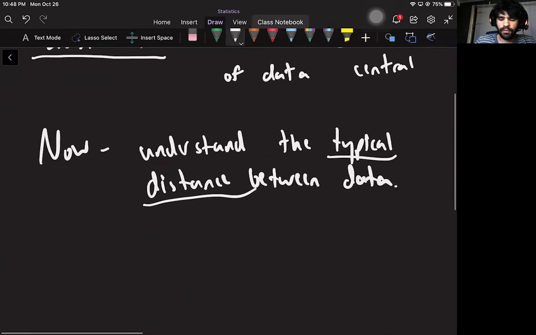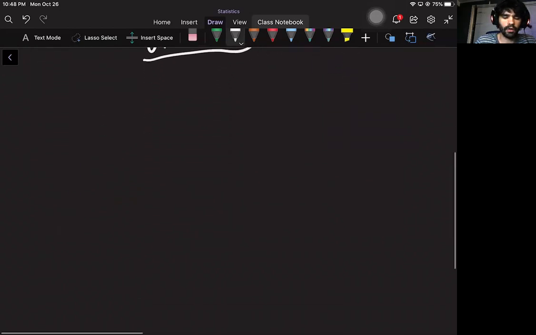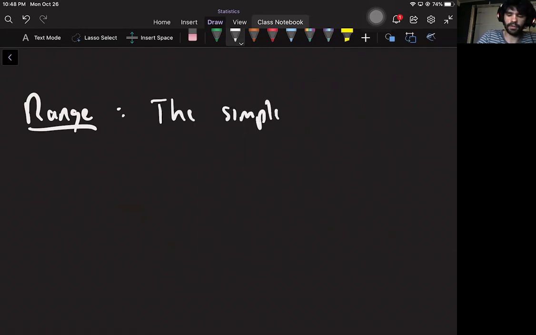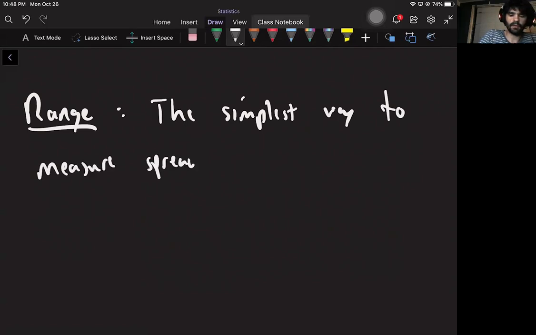Okay, so the first way to do this is the most boring way. It's called the range. It's also the least useful. You've probably done it before. So the simplest way to measure the spread of data is to calculate something called the range.